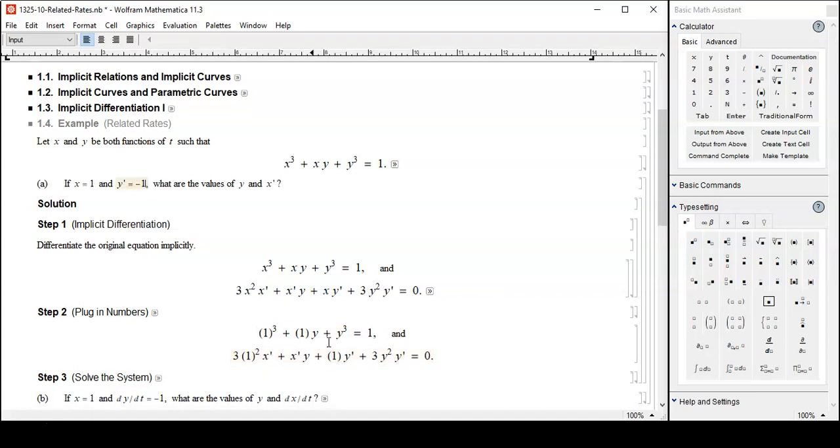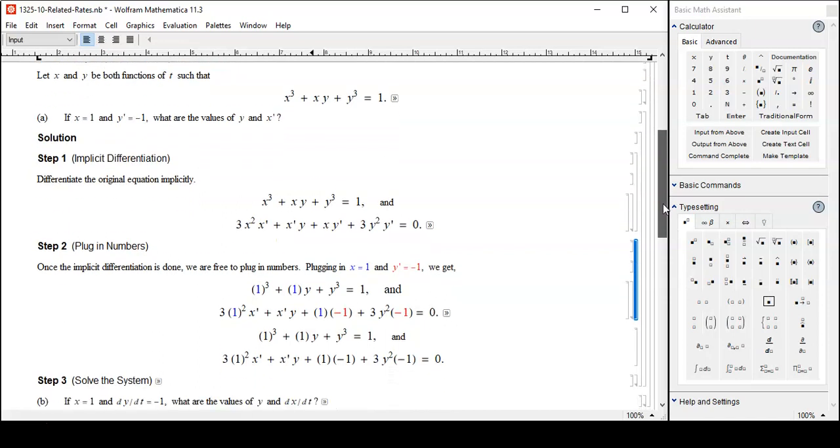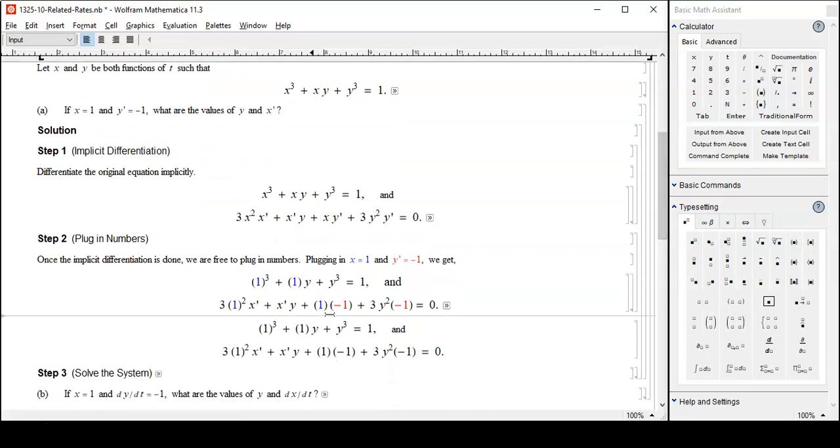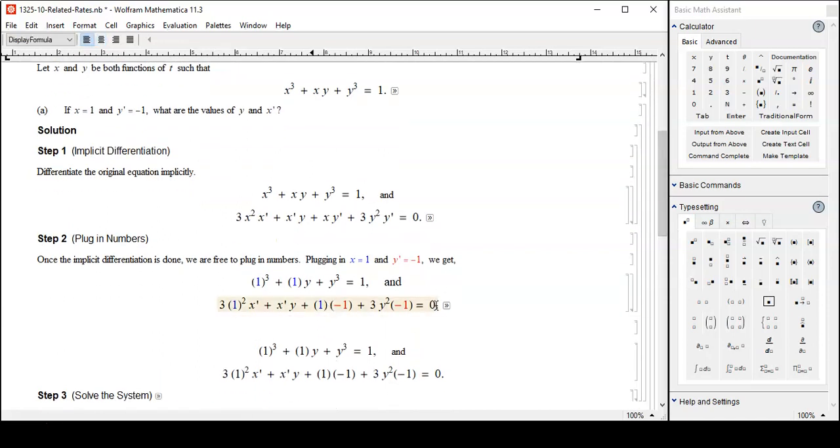Also, y prime is negative 1, and then that's negative 1 as well. So after plugging in the numbers, we get these. Okay, like this and like that.